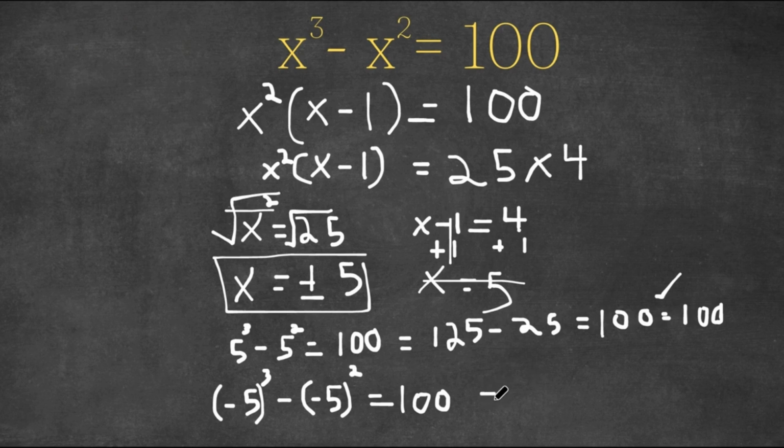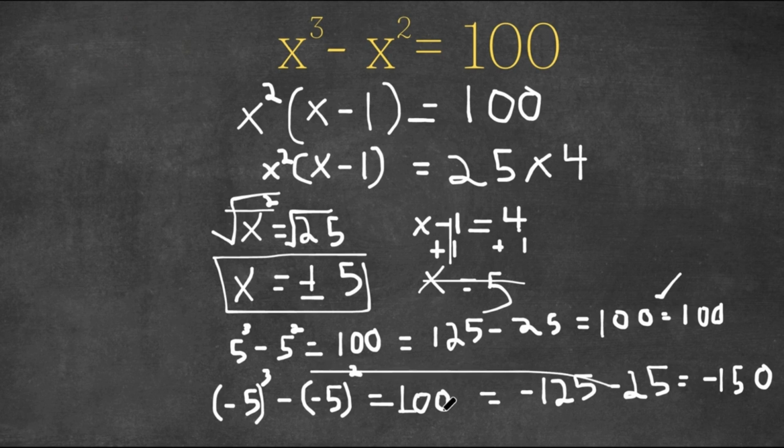So this would be negative 125 minus negative 5 squared is 25. And negative 125 minus 25, well, that's negative 150. And that is not equal to 100, so this is rejected. And 5 is our only correct answer.